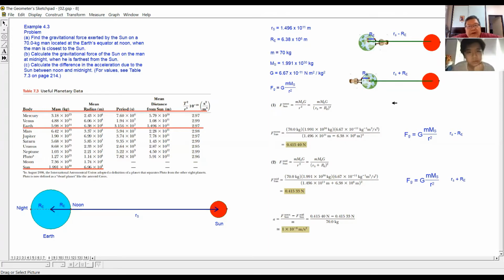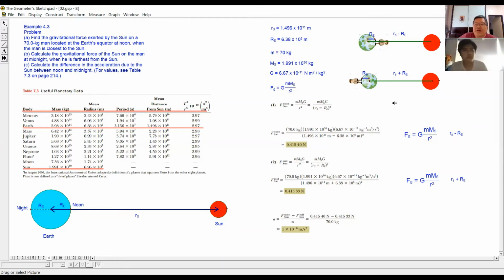Okay or not so far? One, during noon time, the distance is shorter by RE. Midnight, the distance is longer by RE, because the man follows the rotation of the earth.